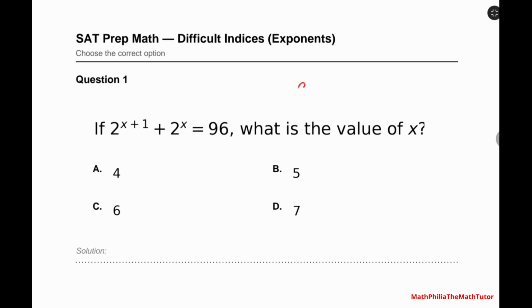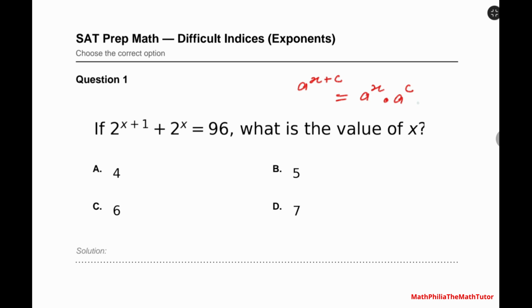you need to know that a raised to the power of x plus c is the same as a raised to the power of x multiplied by a raised to the power of c.